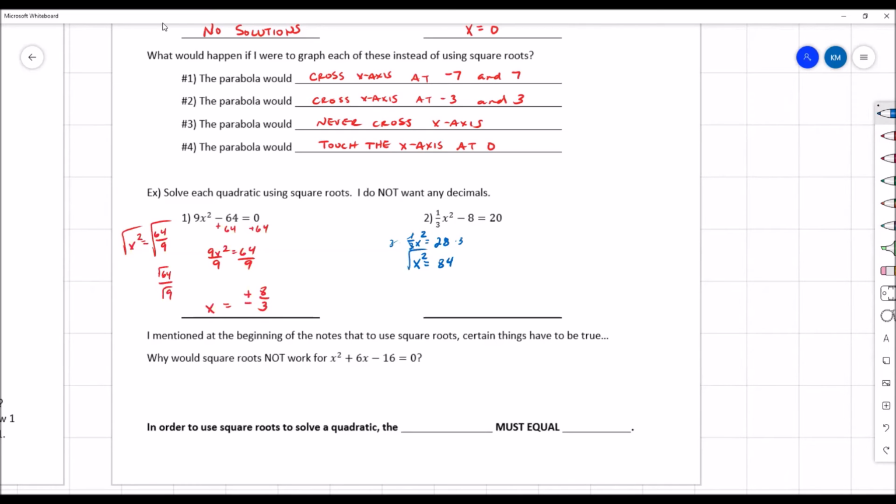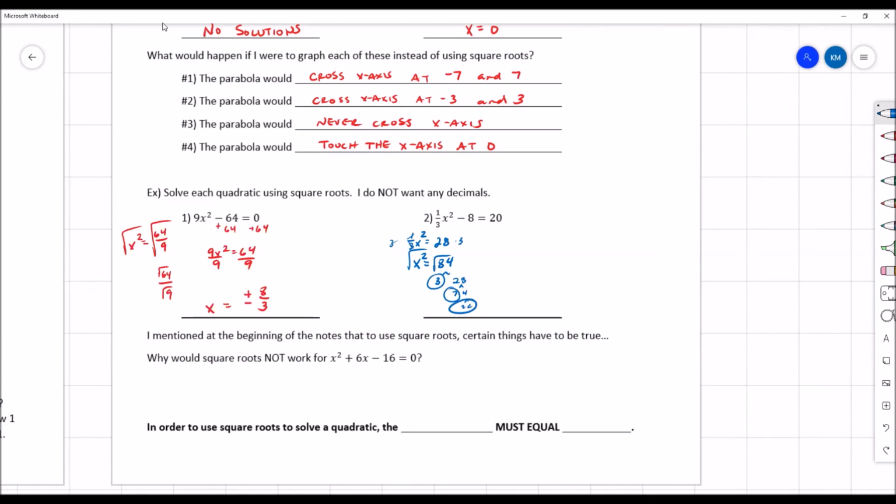To get x all the way by itself, we take the square root of both sides. And so when we take the square root of 84, it's not a perfect square. So as we look through, like, hey, how can we break this down? 3 goes in there, 28 and 3. 3's prime, 7 and 4, 7's prime, 2 and 2.